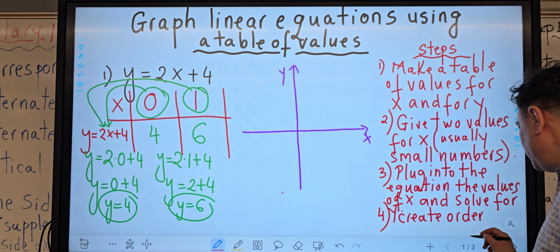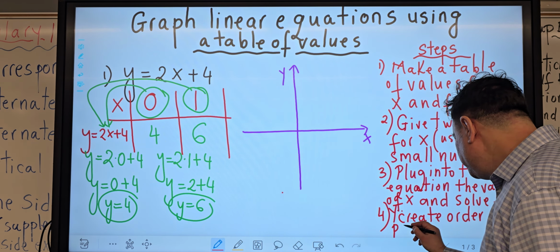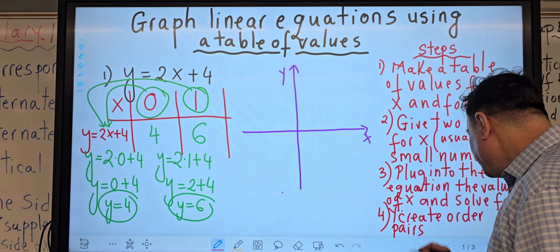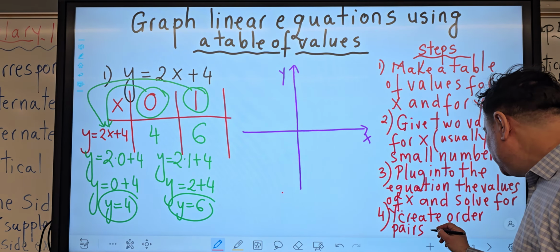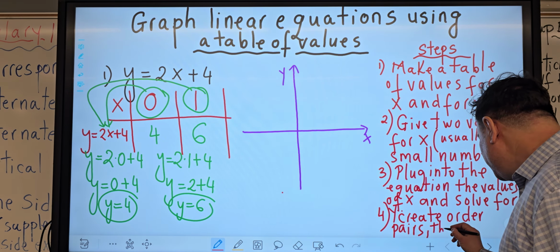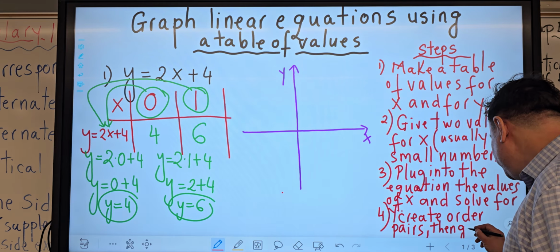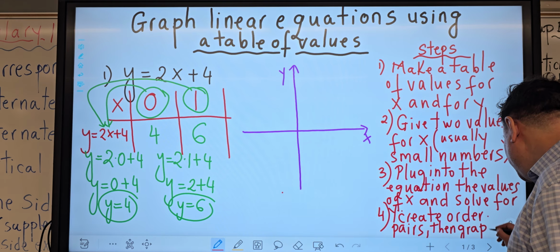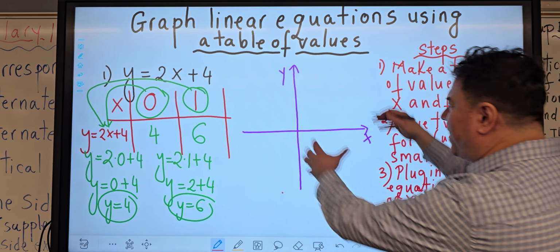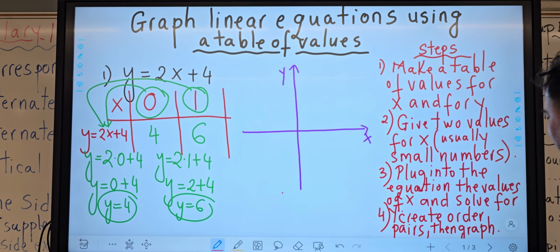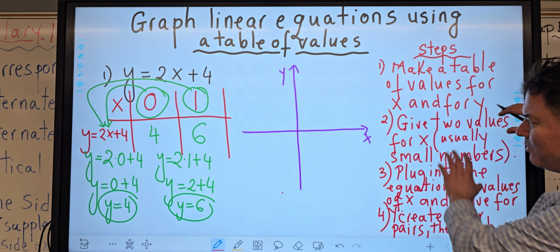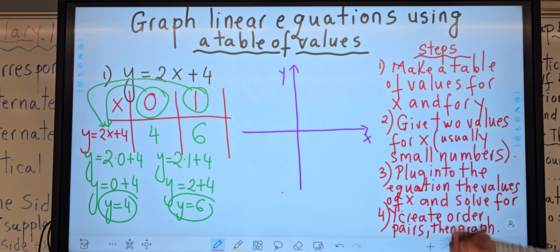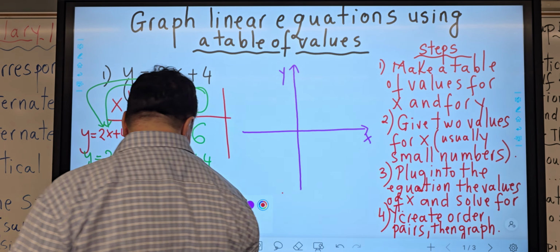And then we are going to graph those order pairs into the graph, and finally connect the dots. We don't have much room here, but we have to connect the dots afterwards. But first, let's create those order pairs.